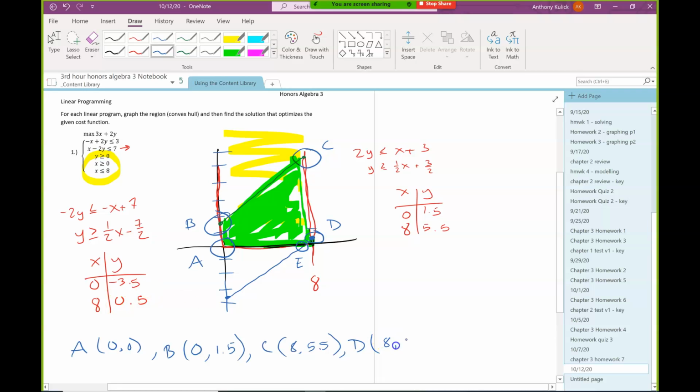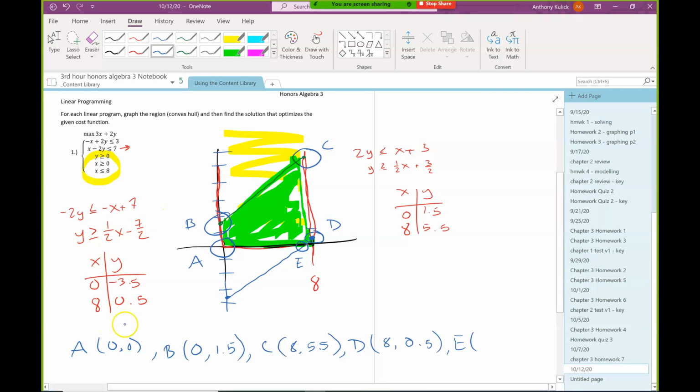It's 8 and 0.5. E is the only one we have left to actually find, because everything else was a point we plotted or an obvious intersection. Everybody agree with that? So far, so good?